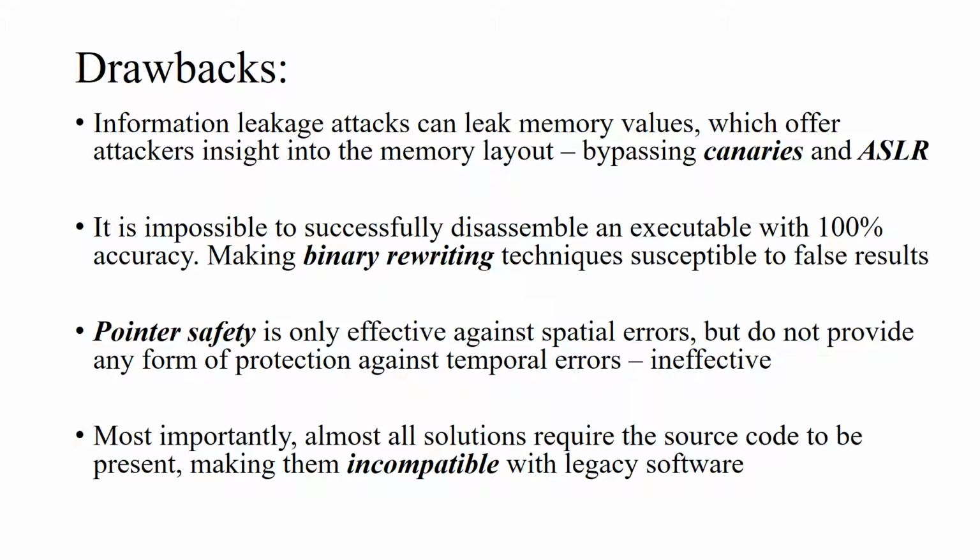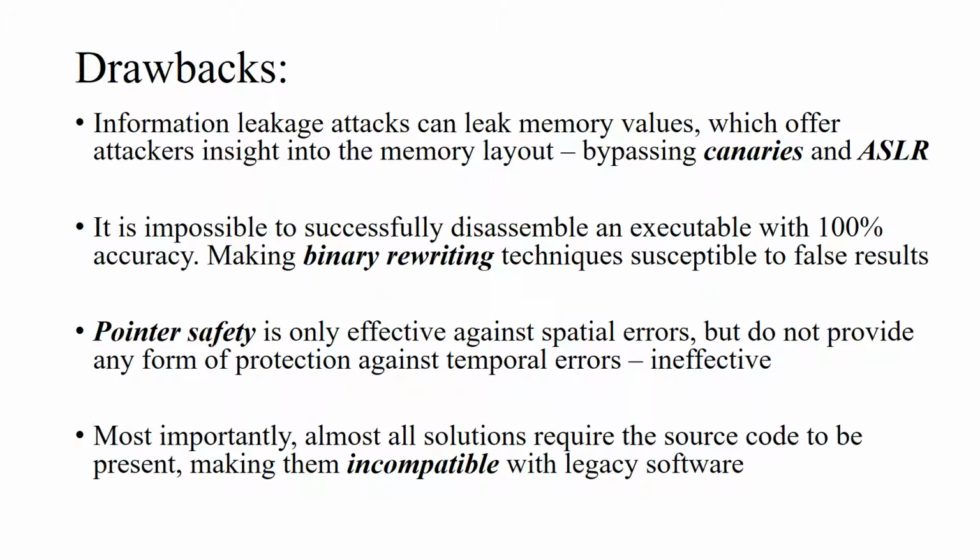It is impossible to successfully disassemble an executable with 100% accuracy, making binary rewriting techniques susceptible to false results. Another drawback of binary rewriting is that the increase in overhead can be at least 100%, as some binaries require that the original executable file be contained somewhere within the binary.